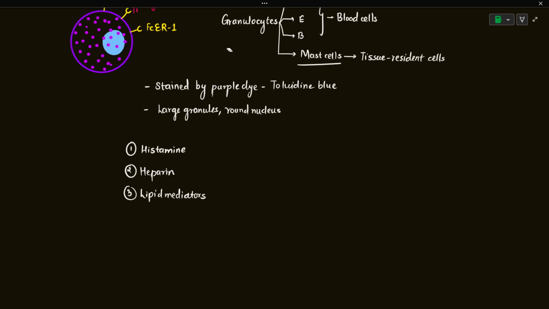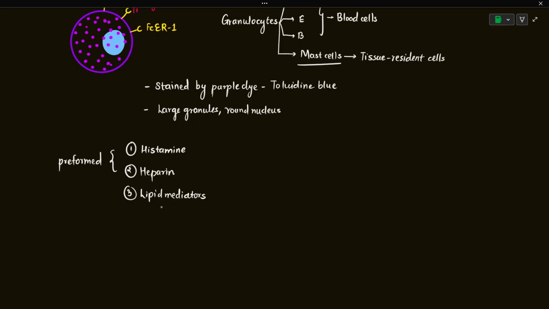But the difference is that histamine and heparin are both preformed, which means the mast cell doesn't need activation to have them in the granules. They are already present in the granules of the mast cell, even if the mast cell is not activated.